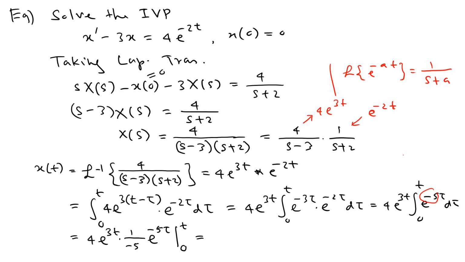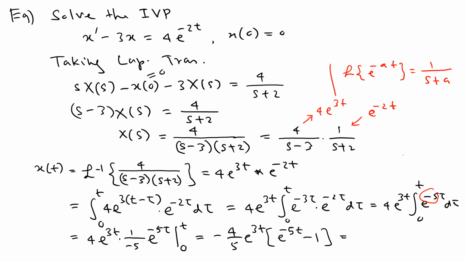So let's plug in the values. You're going to get negative 4/5 e to the 3t times, when you plug in t, e to the negative 5t, and then when you plug in 0, you get minus 1.